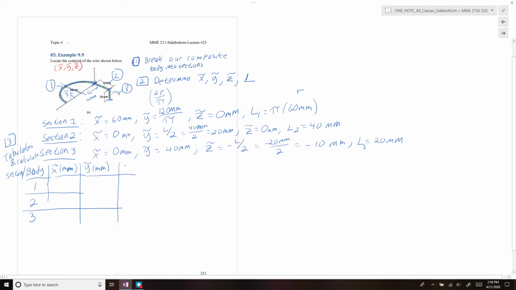Then the next one would be z tilde. That will also be in millimeters. Alright, and then we're going to have the length in millimeters as our final column. Alright, so I'm going to pause the video for a second just to write all those numbers down.